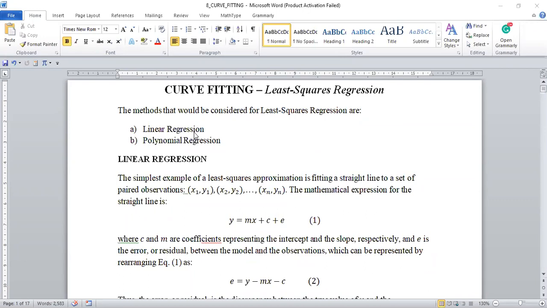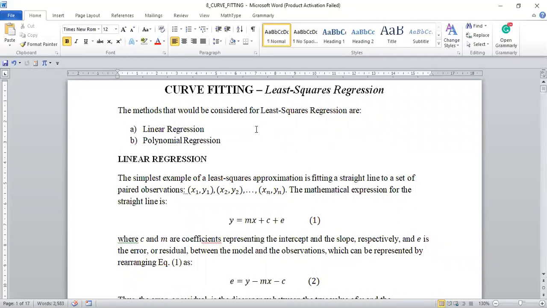That's how the dependent variable changes as a function of the independent variable. There are different methods that can be used for curve fitting, but the method we are going to consider in this course is least-squares regression.